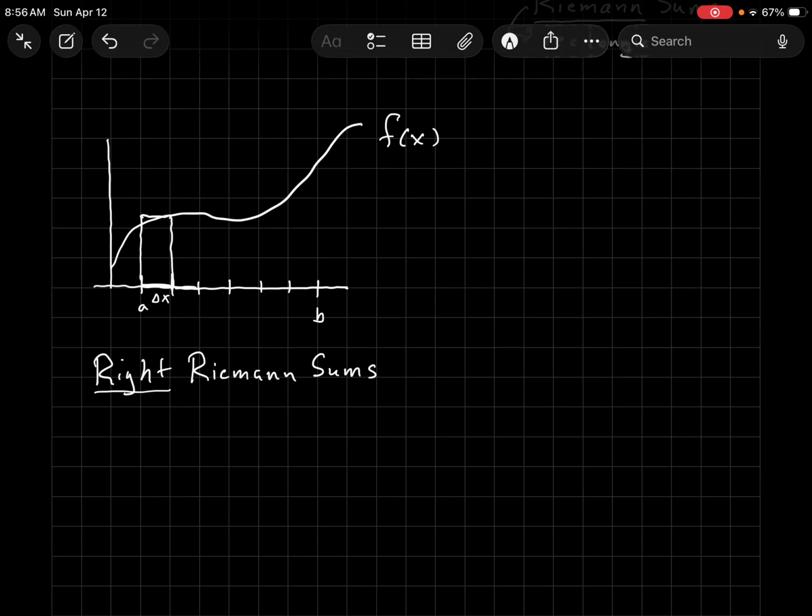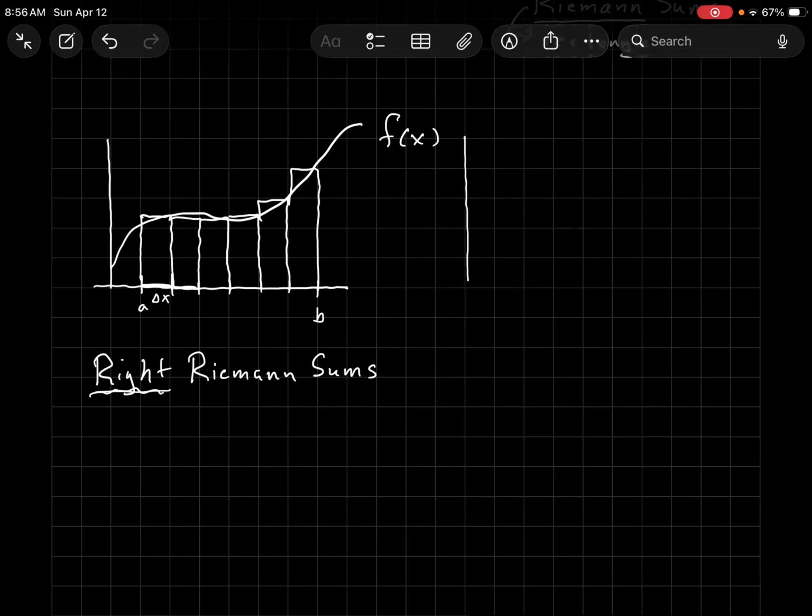How about the next subinterval? Well, the right side. You get the idea. Every time we want to start on the right side of the subinterval to go up and get its height. Like that. So this name is telling you where you want to go on the interval to draw the height of a rectangle.